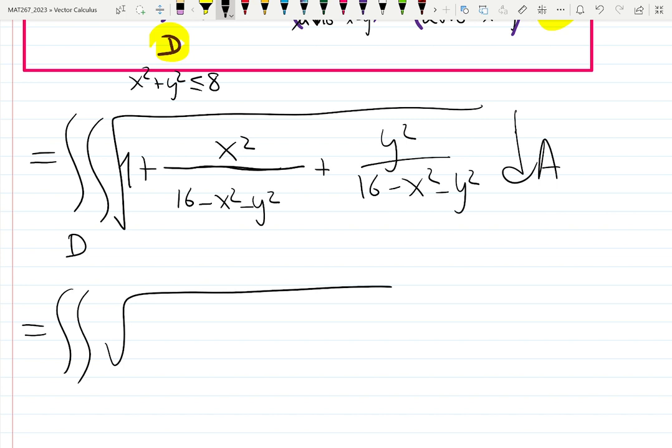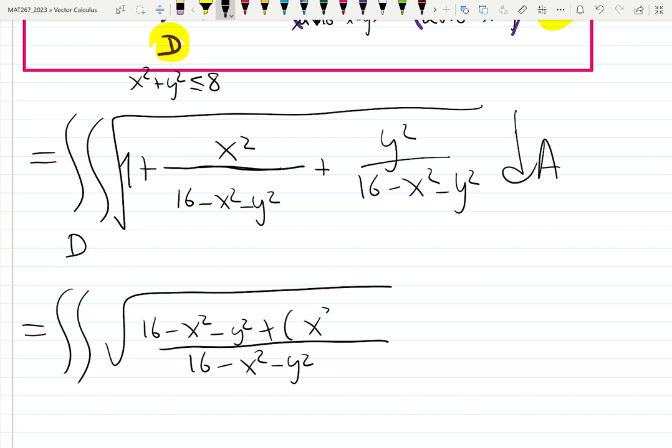And I have common denominator 16 minus x squared minus y squared. 1 is 16 minus x squared minus y squared plus x squared plus y squared.